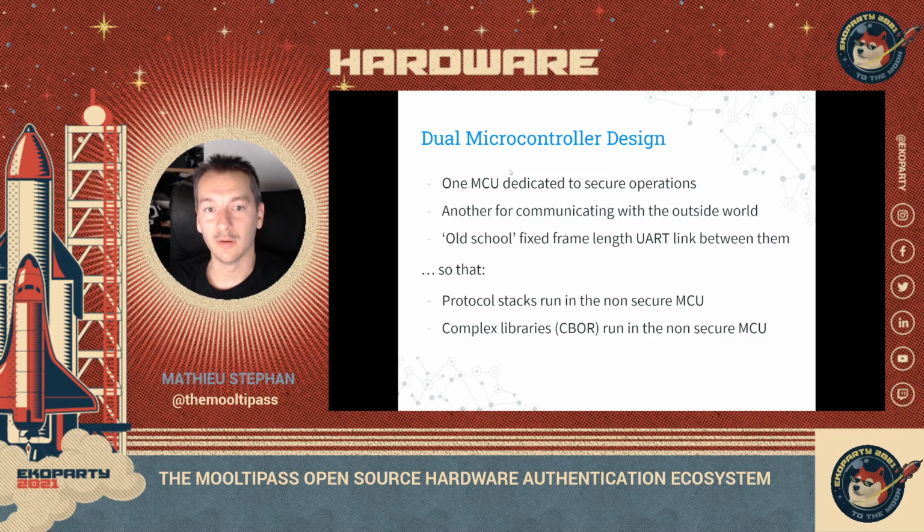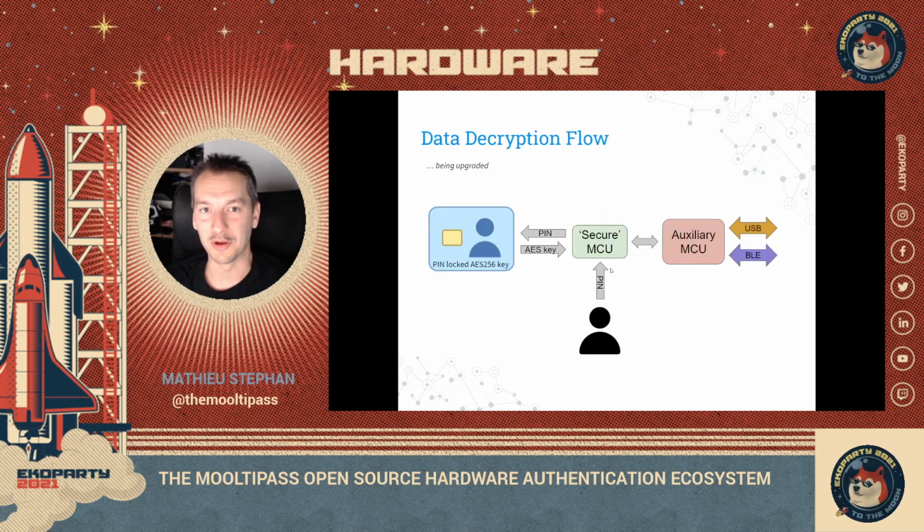Dual microcontroller: the communication between the main microcontroller and the auxiliary microcontroller is done using some old school fixed frame UART link, which is really simple to prevent adding unnecessary complexity. All the complex libraries run on the auxiliary microcontroller, and everything that runs on the main microcontroller is created from the ground up with us, making sure there are no major flaws with different kinds of analysis, and using open source to use the wisdom of the crowds.